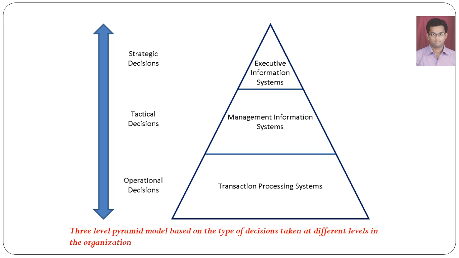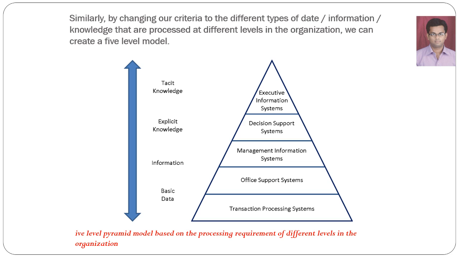So if we talk in terms of a bottom-up approach, then operational information is followed by tactical information followed by strategic information. And if we think in terms of a top-down approach, then on similar lines, strategic decisions are followed by tactical decisions, which are followed by operational decisions. So this way, this three-level pyramid classification of the information systems can be easily figured out.